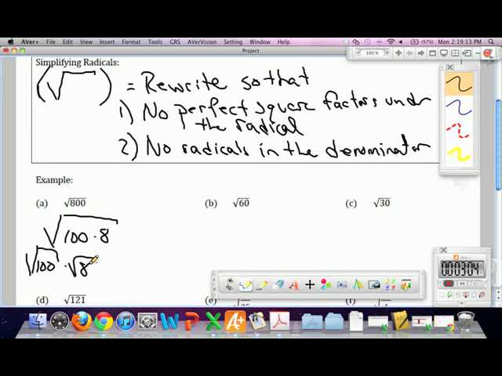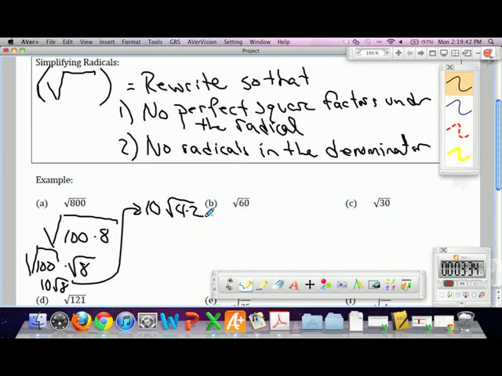And what's the square root of 100? It's the 10th perfect square, so it should be 10. 10 root 8. Oh boy, this is actually not done yet, because I think there's a perfect square that goes into something under this radical. So it's 10 times the square root of 4 times 2.